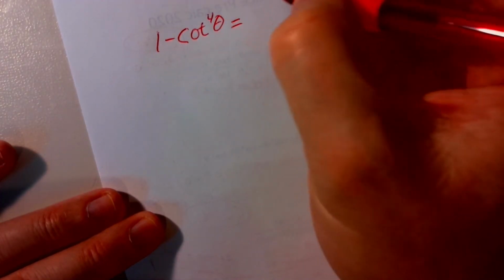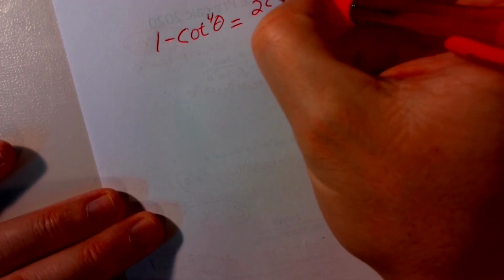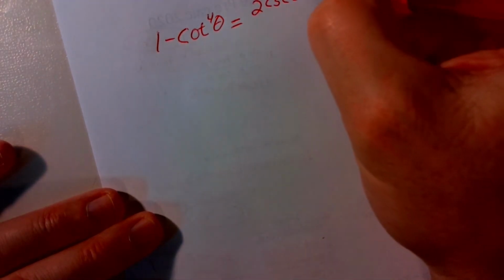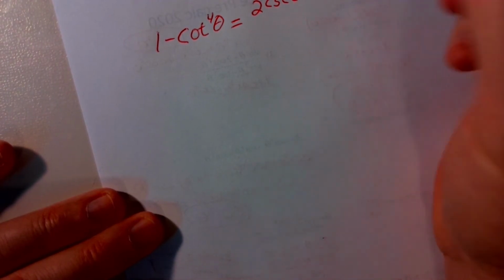Okay, so here we go. I'm going to try this one. 1 minus cotangent to the 4th theta equals 2 cosecant theta minus cosecant cubed theta.